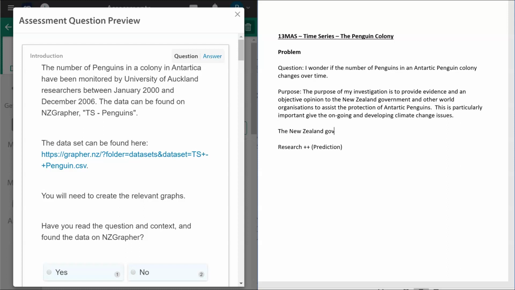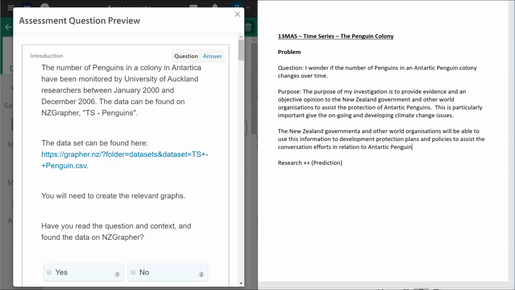The New Zealand government and other world organizations will be able to use this information to develop protection plans and policies to assist the conservation efforts in relation to Antarctic penguins. There we go.